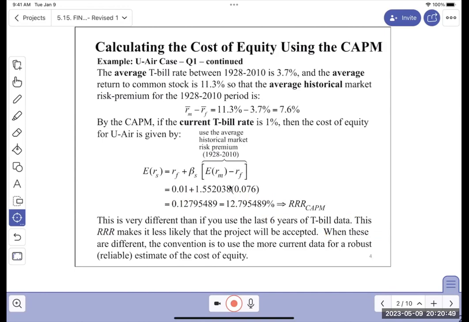When these are different, the convention is to use the more current data for a more robust, reliable estimate of the cost of equity. So something more current. That's my rationale there. And it wouldn't have mattered if they were the same number, but they're so different. I have to choose and I have to explain why.